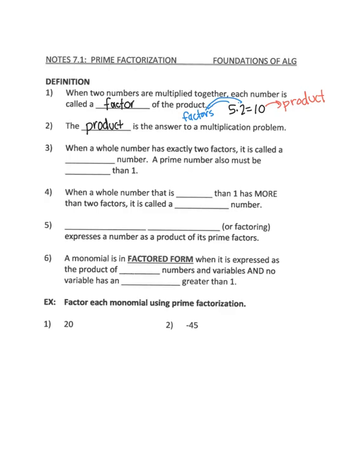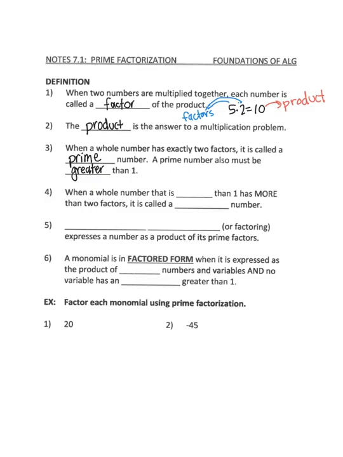So when a whole number has exactly two factors, it's called a prime number. A prime number also must be greater than 1. So that means 1 cannot be a prime number.